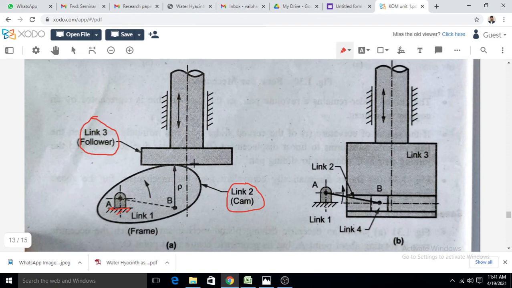When the cam and follower are connected together at this point, they form a higher pair, meaning there is a line contact or a point contact, and due to this we consider it a higher pair. As we discussed, one higher pair is equivalent to two lower pairs and one additional link.